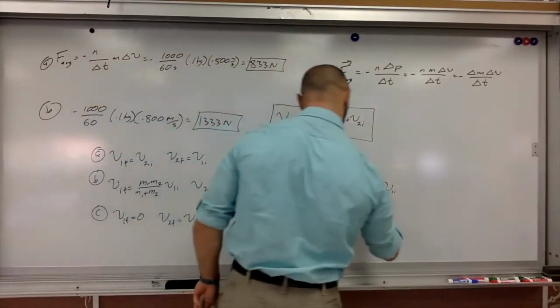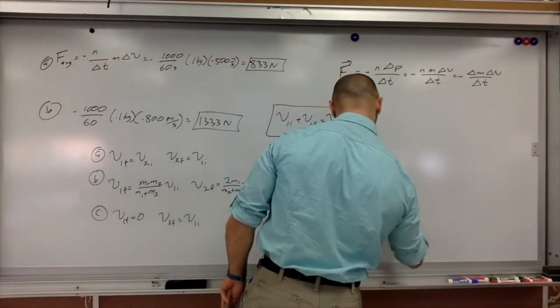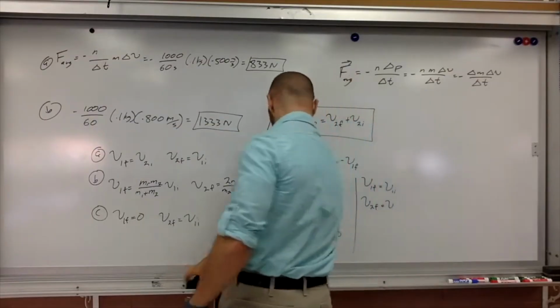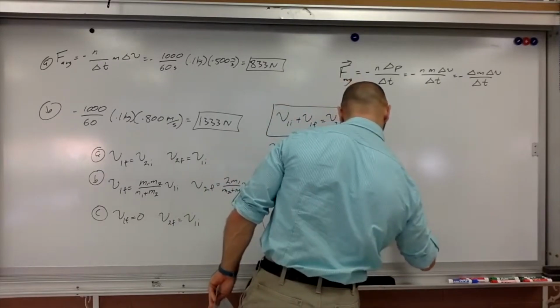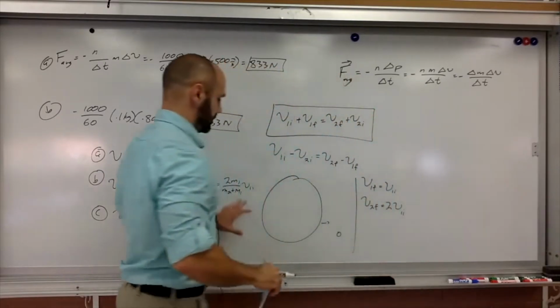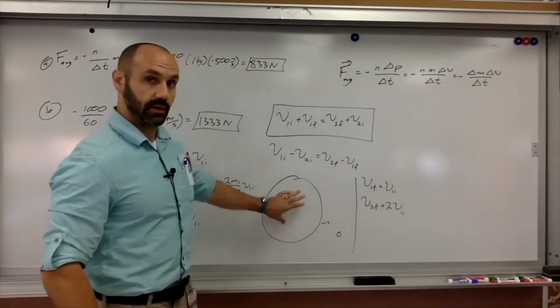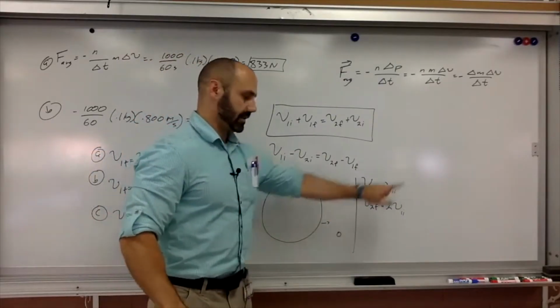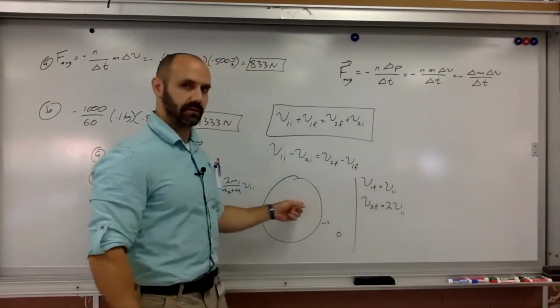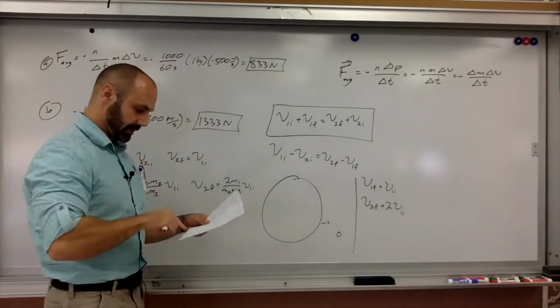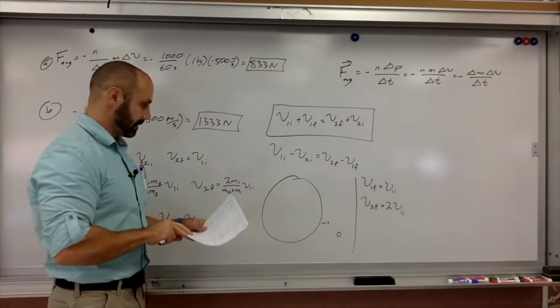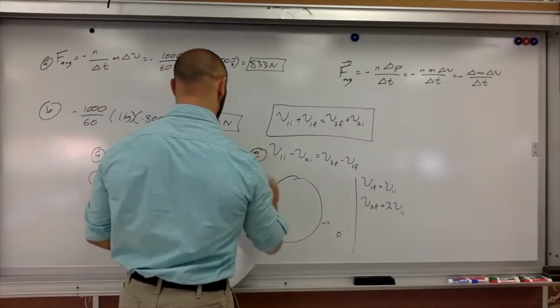So V2F is going to be like 2 times the initial velocity of the big object, 2 V1I. This one hardly moves at all, and then the small one bounces off at twice the velocity. Oh sorry, that was E, actually. So this is situation E.